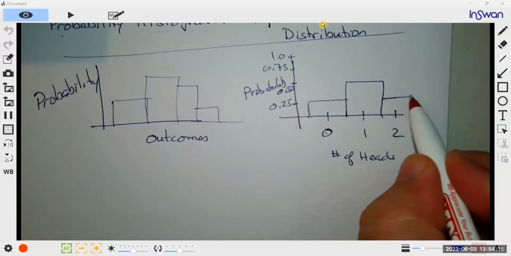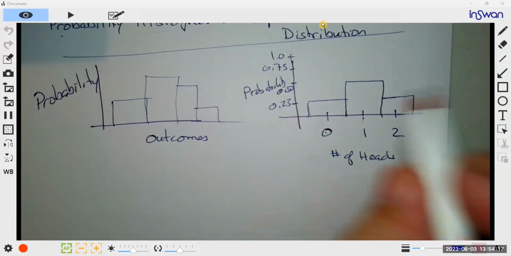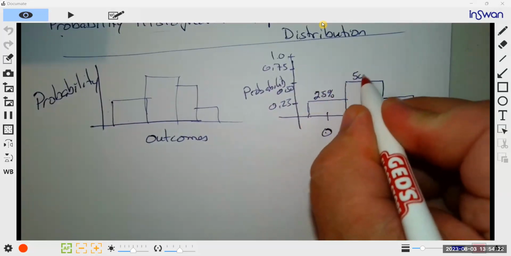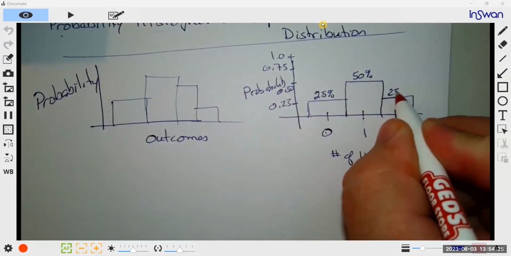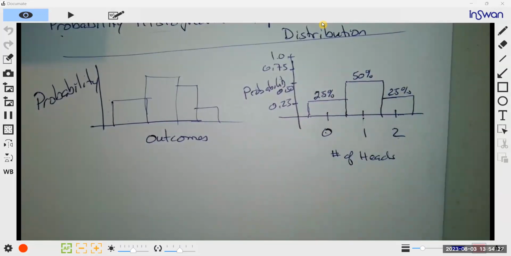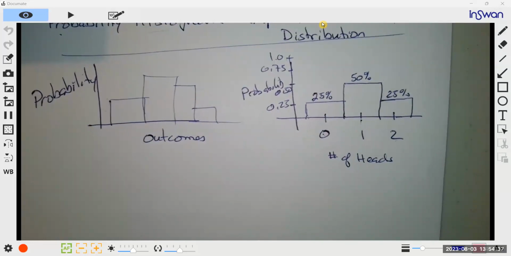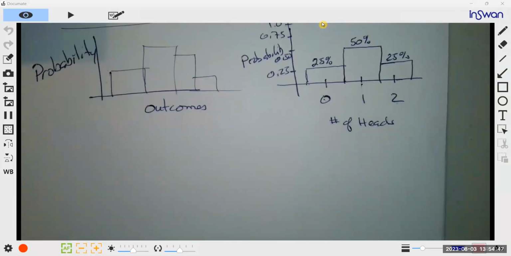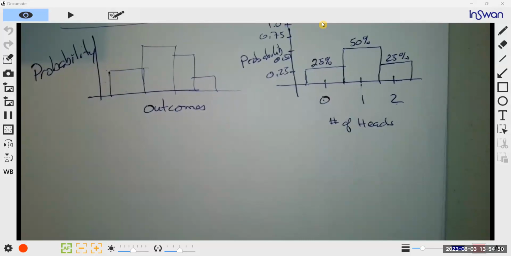So what you could do is put 25%, 50%, 25%, because this will help you count to make sure that they all equal 100% when everything is said and done. Okay, then. So that is our histogram. It's not much different than the other one.